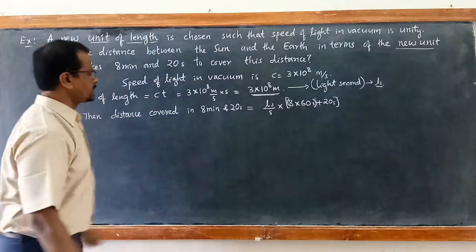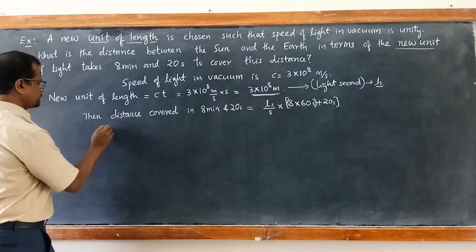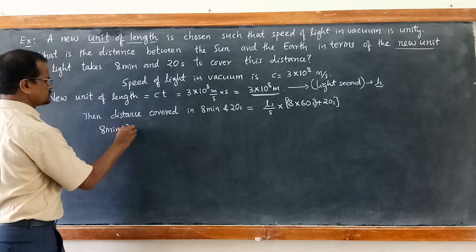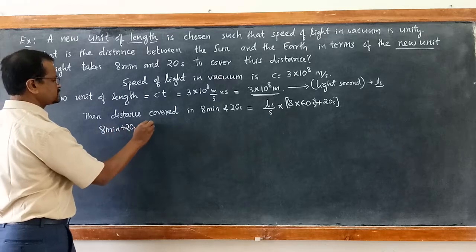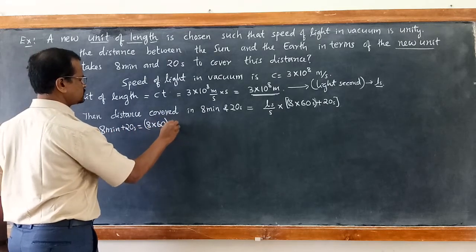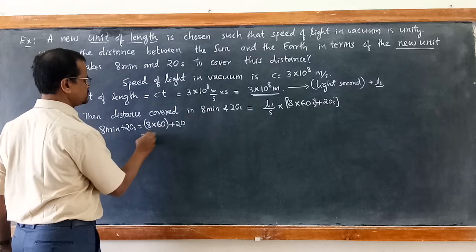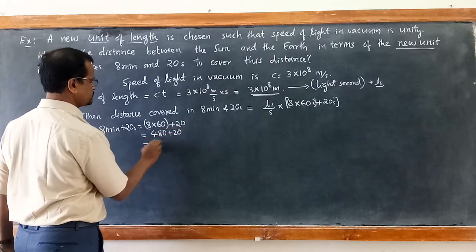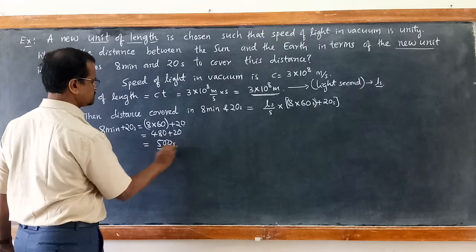That gives us 8 minutes plus 20 seconds equal to 8 into 60 plus 20 seconds. So these many seconds are there: 480 plus 20. So it becomes 500 seconds.